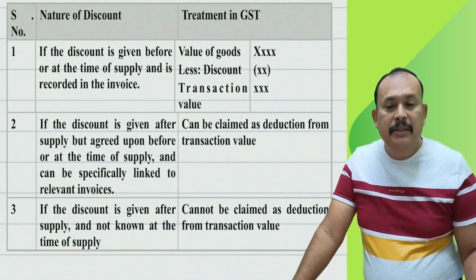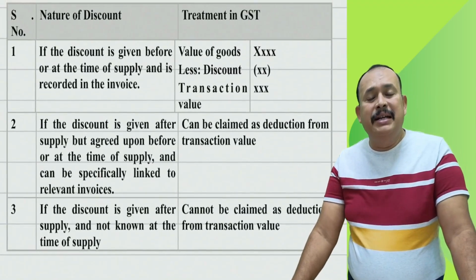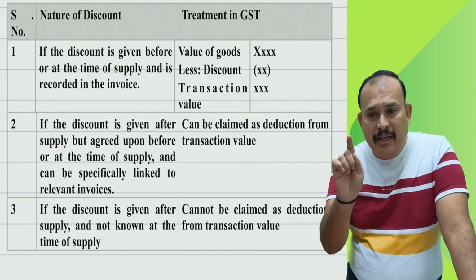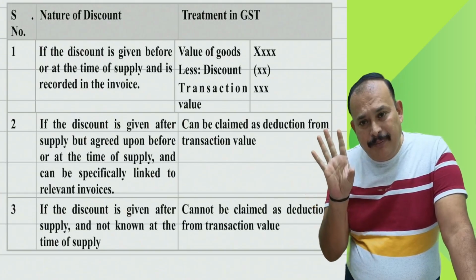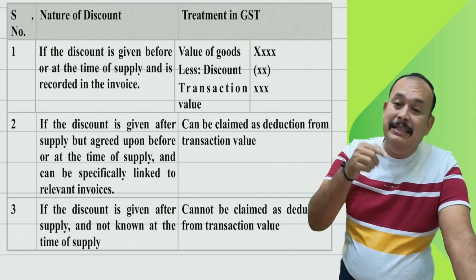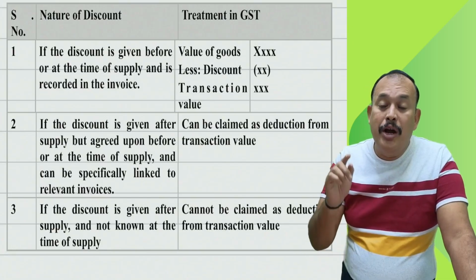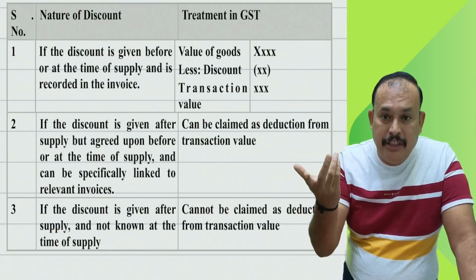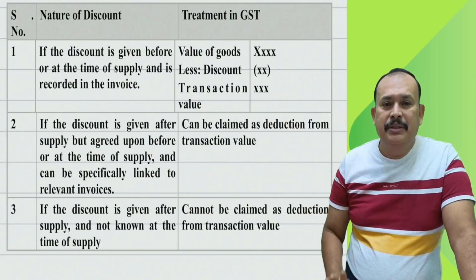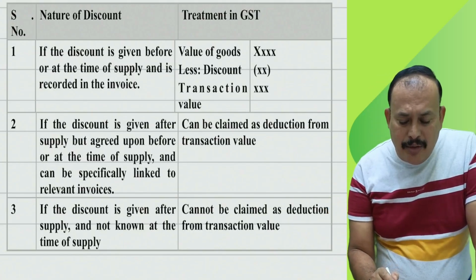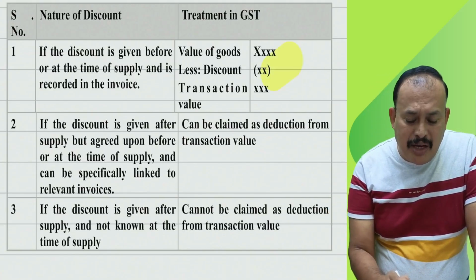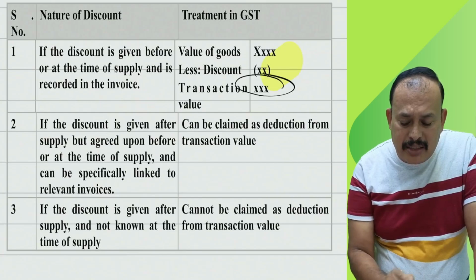In a simplified manner: discount is allowed as a deduction if it is given before the supply or at the time of supply, or it is mentioned in the invoice to be given in future if you satisfy the conditions. Here discount is given and the balance value for which we raise the invoice, what type of discount is it?